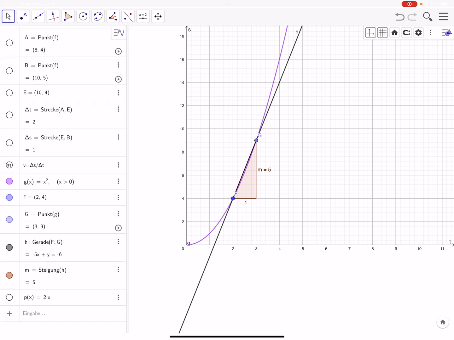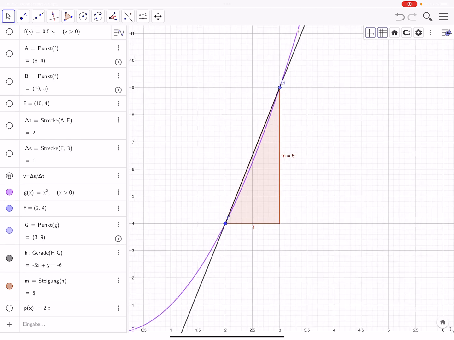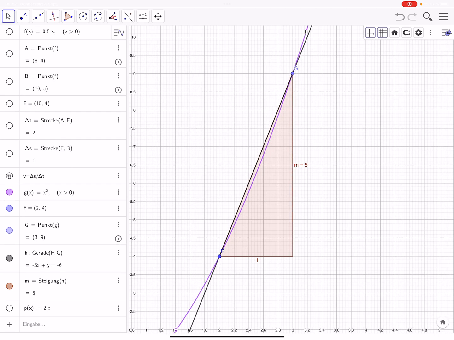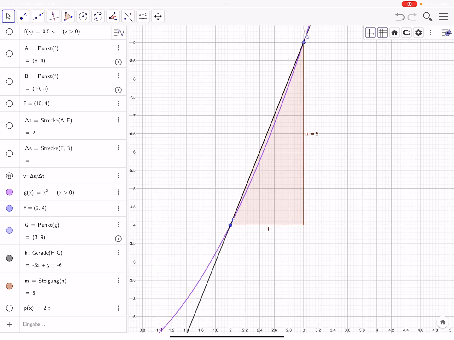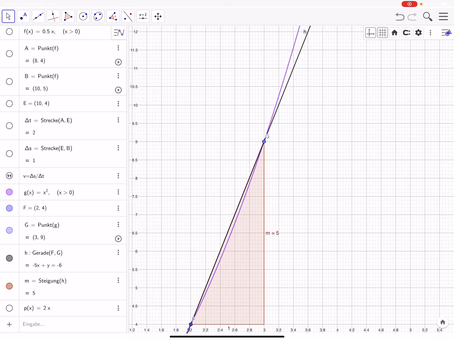But if we look at the graphs, we see that the slope of the graph itself at point F is smaller than our straight line, and at point G, the slope of the graph, of the purple graph, is higher.